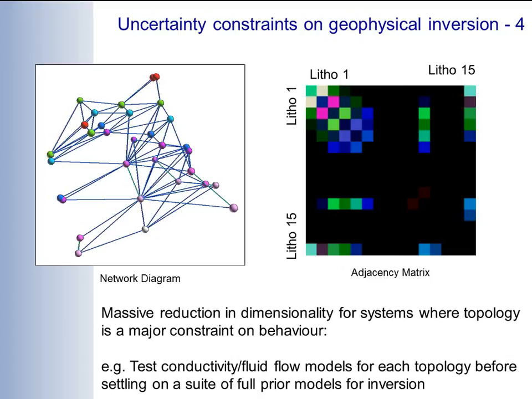So you could run through your 1,000 different models and say, okay, based on the resistivity measurements I've got, these ones are the ones that basically respond to first order behavior, and those are the ones that I'm going to focus on. Or if you were doing fluid flow in a hydrogeology system, any system that looks like this takes 0 time to calculate. So the time goes away, and then you can pick the ones that are most like your system and expand it out again to do a full inversion.